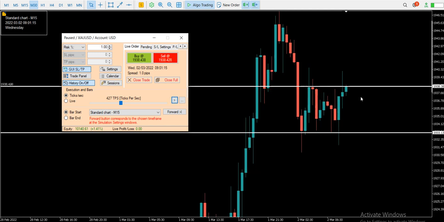This candle rejected this resistance. Maybe this candle can come down, break this low and shoot to the downside, but just wait. Oh, seems like it's doing it. No. Okay.